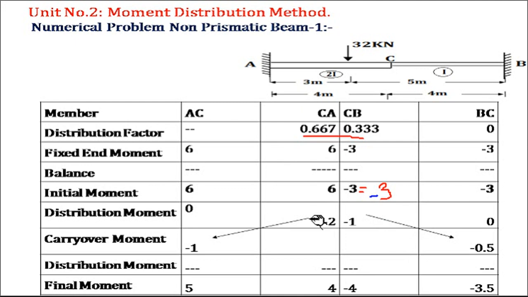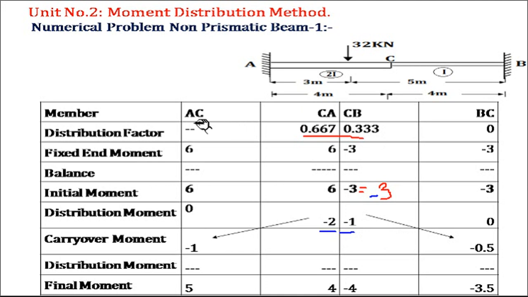This correcting moment is to be distributed in members CA and CB in proportion of the distribution factors. So the component of correcting moment in member CA will be minus 3 into 0.667, which is minus 2. The component in member CB will be minus 3 into 0.33, which is minus 1. This moment is to be carried over to the far end.